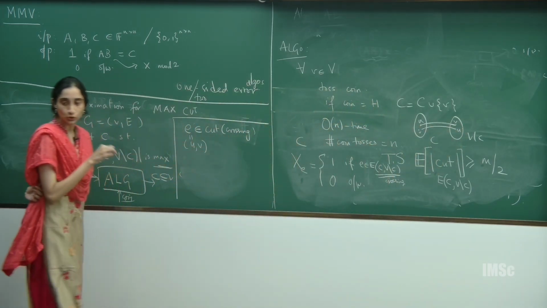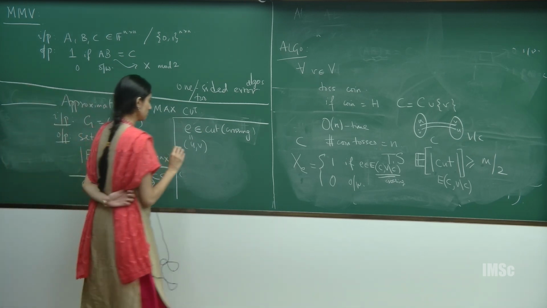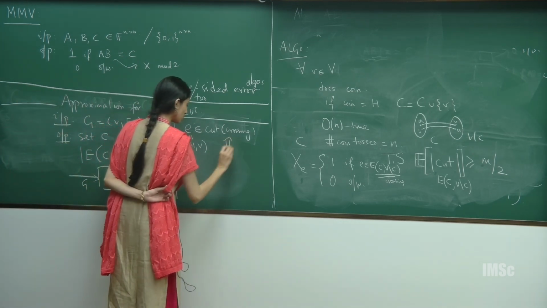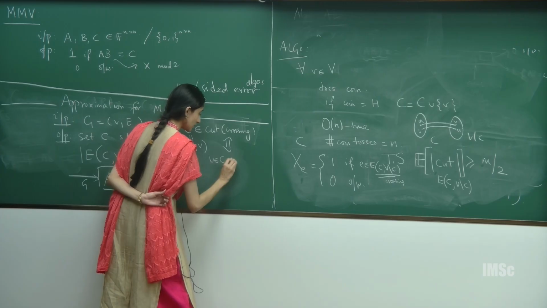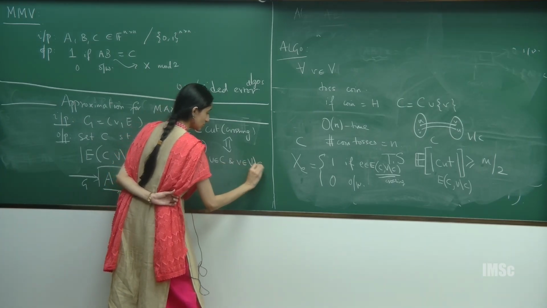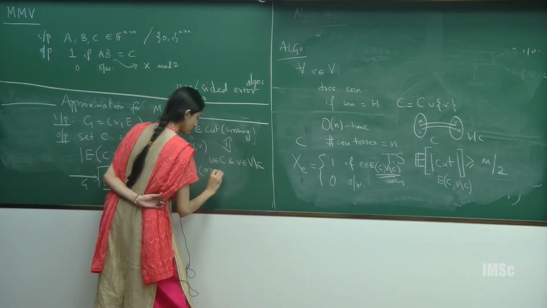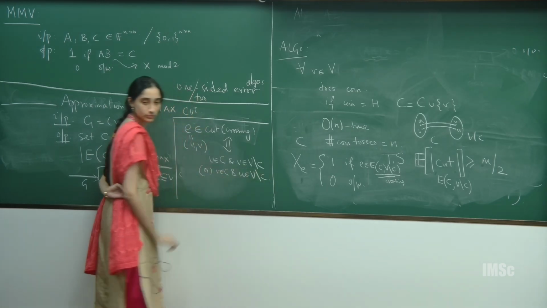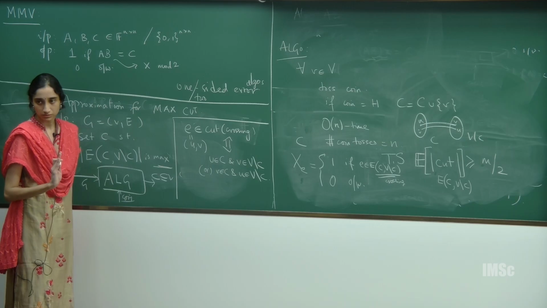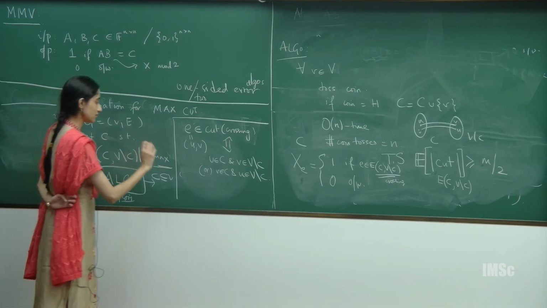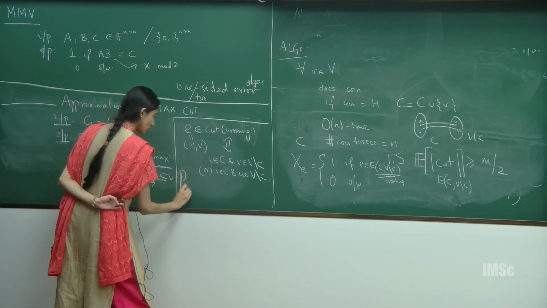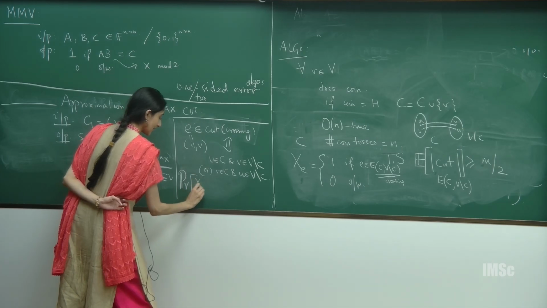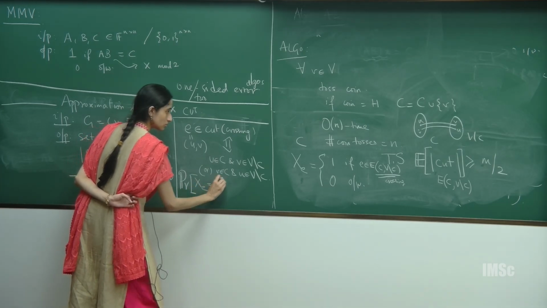Only then it will contribute 1, right? E is in the cut if and only if U is in C and V is in B minus C, or V is in C. Is that okay? These are the only 2 ways in which it can. So now can you say what is the probability that XE is equal to 1?